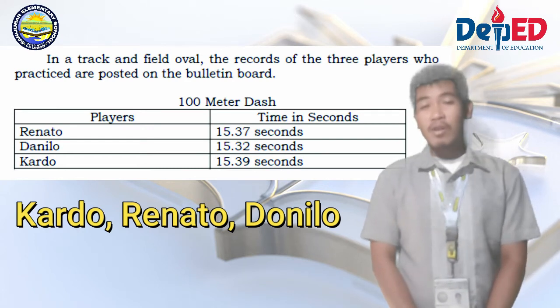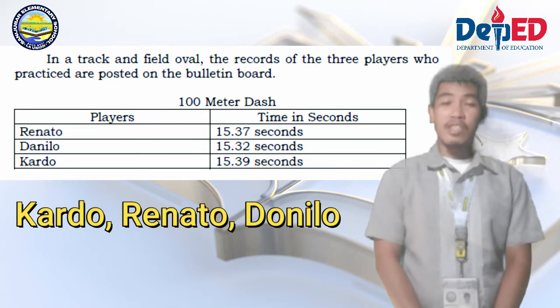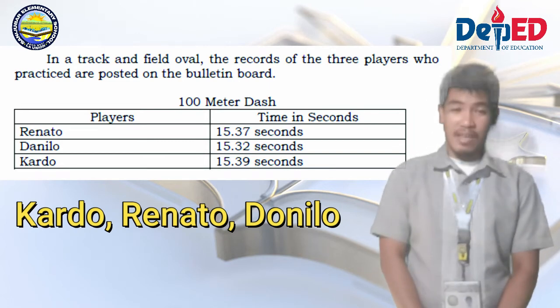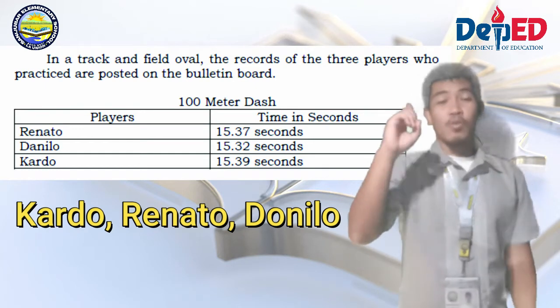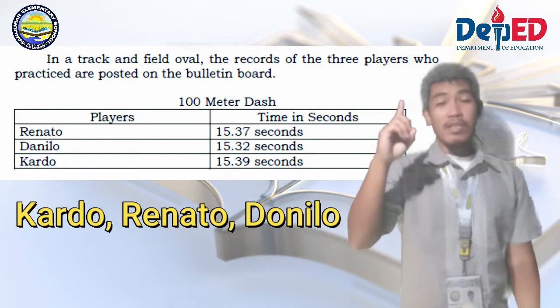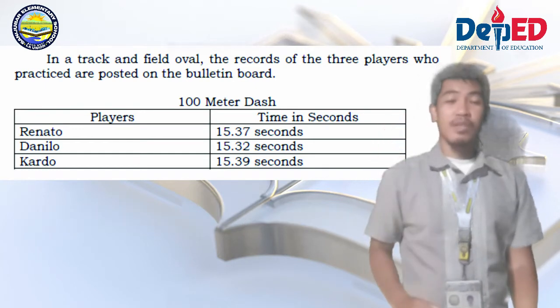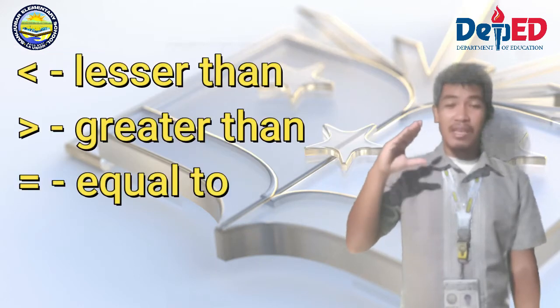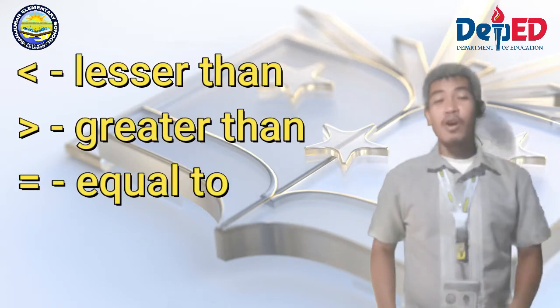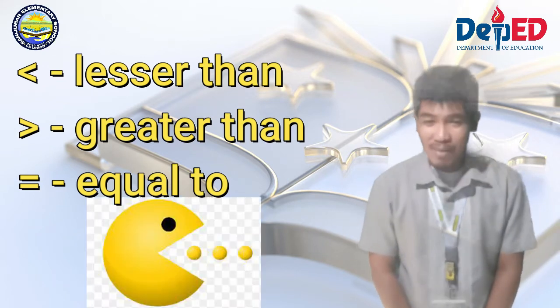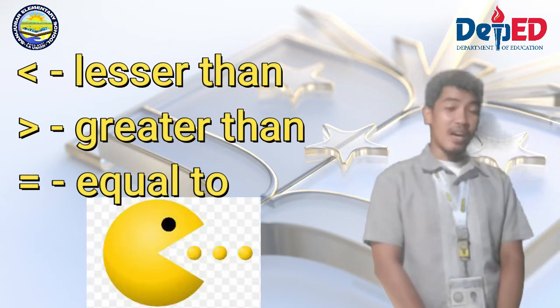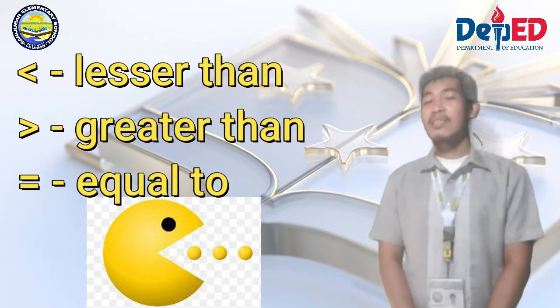And Donilo with 15 and 32 hundredths is the fastest. Very good. When comparing, we use the symbols lesser than, greater than, or equal to. It's like the mouth of Pacman. He will eat the bigger number.